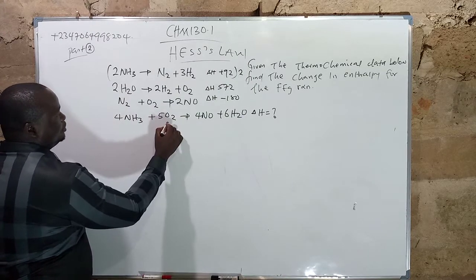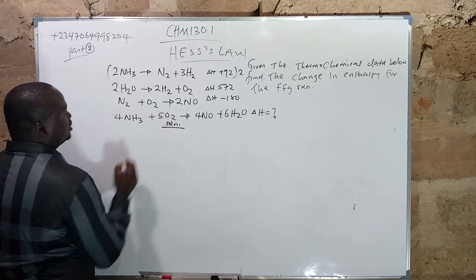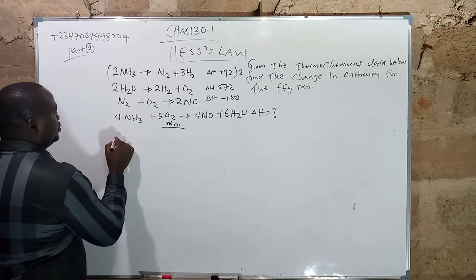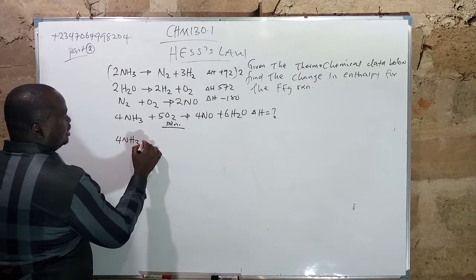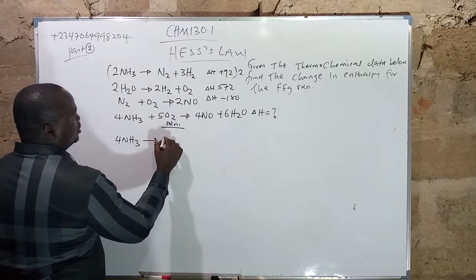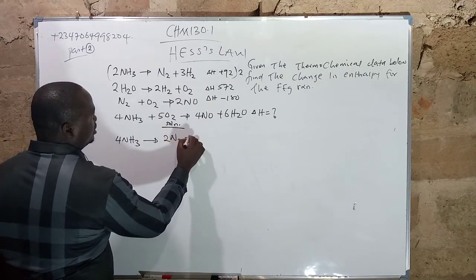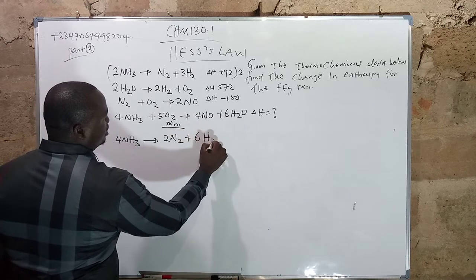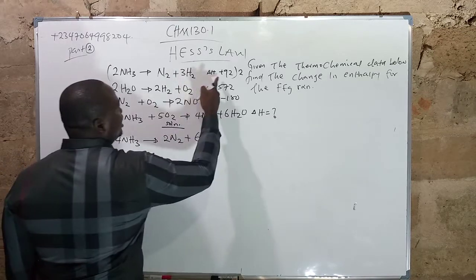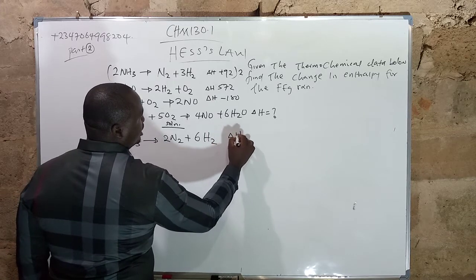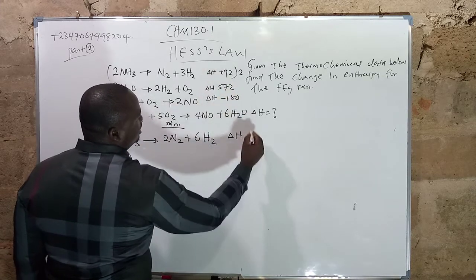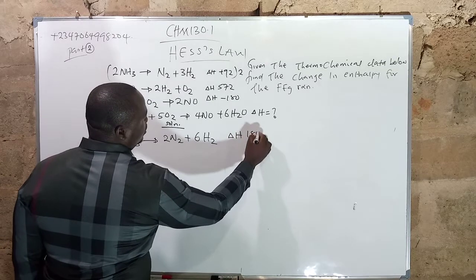So if you multiply it by 2, you have 4 ammonia, and then it will give you 2 nitrogen plus 6 hydrogen. Remember, whatever you do, you have to do to the delta H. So the delta H here will give you 184, right?